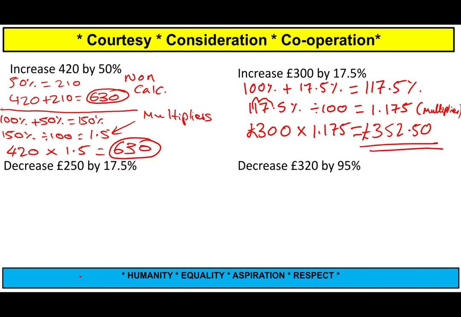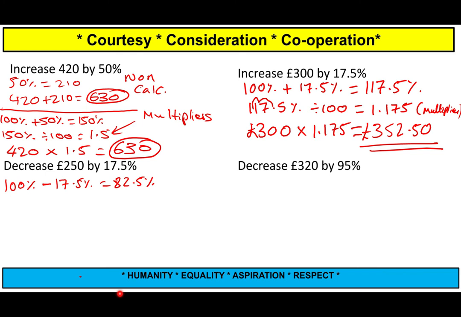Okay, let's have a go at some decrease questions. So same thing, but we're just going to take away to find the multiplier. So 100%, something is decreased by 17.5%, so I'm going to take away 17.5%. So 100 take away 17.5 gives me 82.5%.